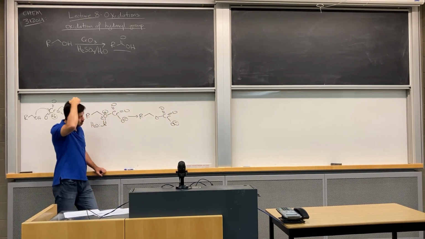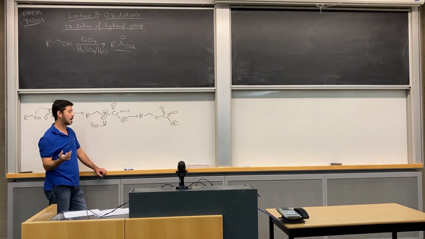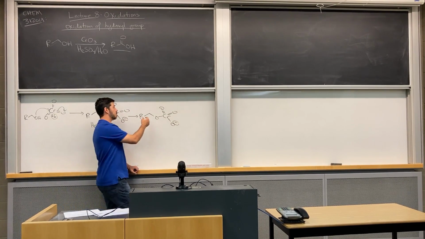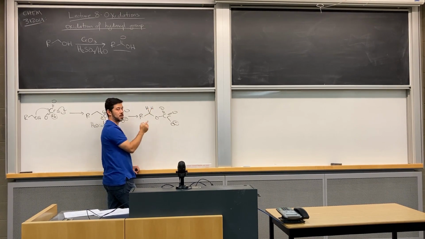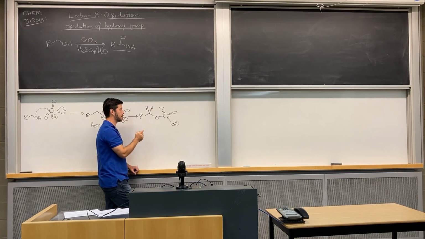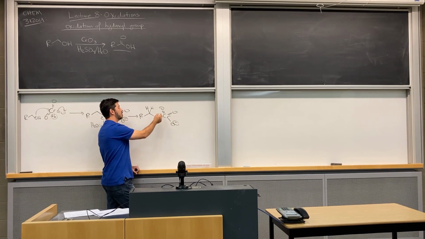And we need to now go to an aldehyde. So how are we going to generate an aldehyde? So in order to generate an aldehyde, we need to remove some of these protons, right? So we're oxidizing. So what we're going to do is we're going to imagine the double bond that's nearby.